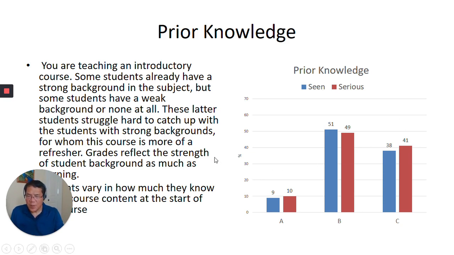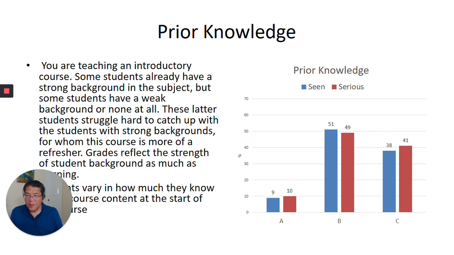So you see this in introductory classes. Students are taking a course where some of the students have had good courses in high school and some have not. So calculus, history, psychology, sociology. Some high schools, the more affluent high schools, have very strong high school programs, and others do not.